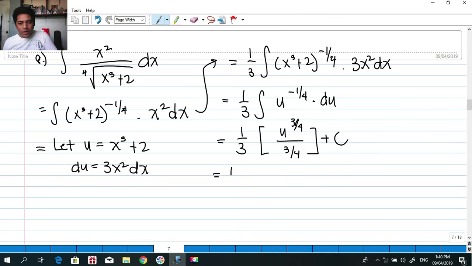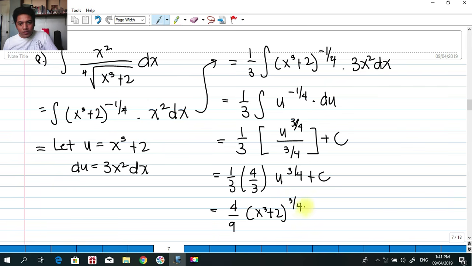So simplifying 1/3 times 4 over 3 times u raised to 3/4 plus c. So we have 4 times 1, 4 over 9. u is simply x cubed plus 2 raised to 3/4 plus c.